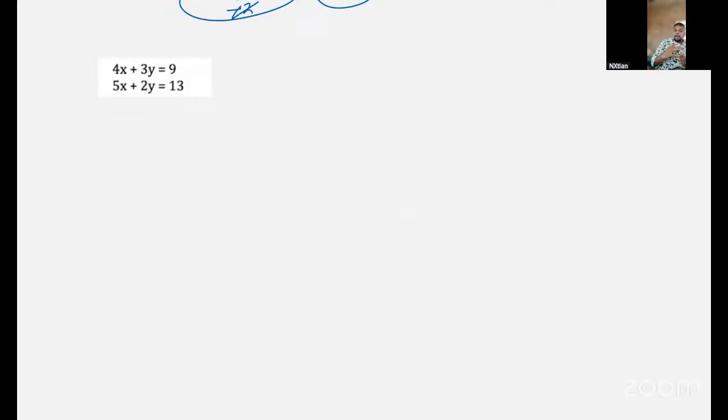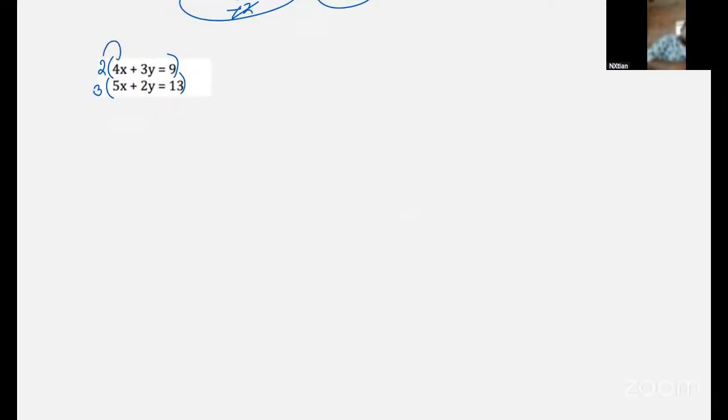In the first equation you will multiply by 2, and the second equation you will multiply by 3. You didn't get it, Obed? I did get it, sir.